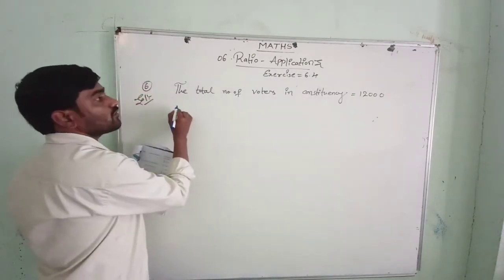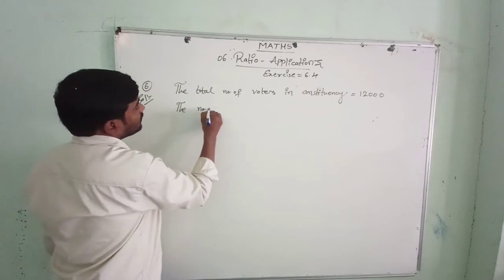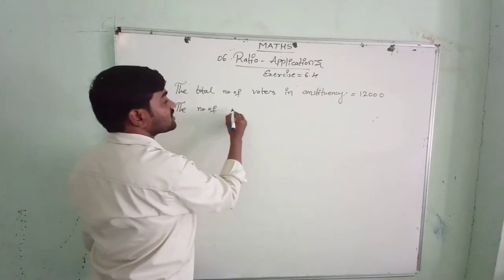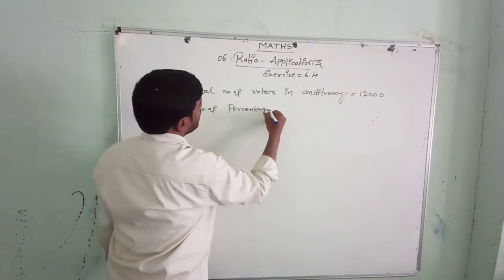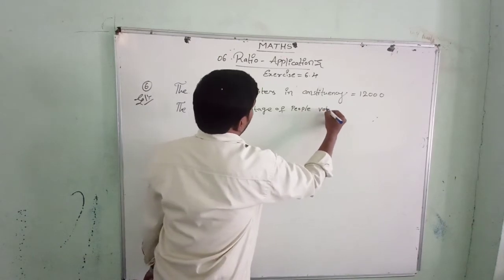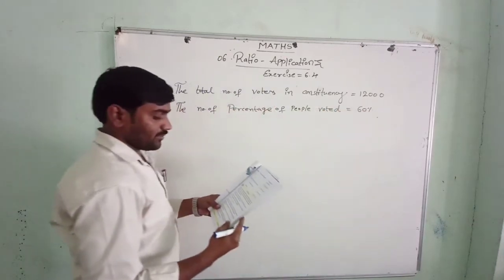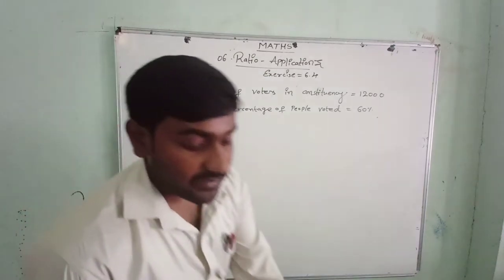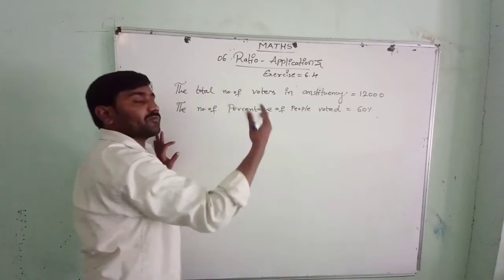The percentage of people voted equals 60%. Only 60% of people have voted. So find the number of people voted. Now the percentage is 60, so how many people have voted?